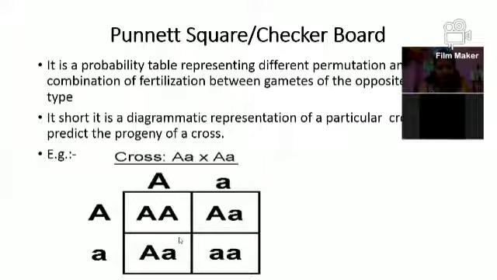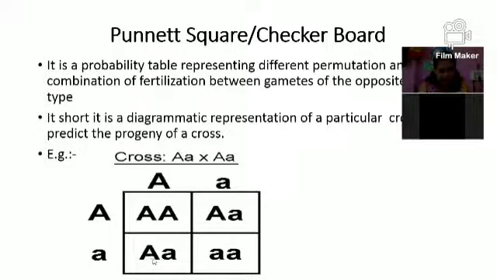So in short, it is a diagrammatic representation of the progeny of the cross, to predict the gametes formed in the genotypic ratio as well as the phenotypic ratio. Here you can easily observe that capital A capital A is homozygous, whereas capital A small a is heterozygous.